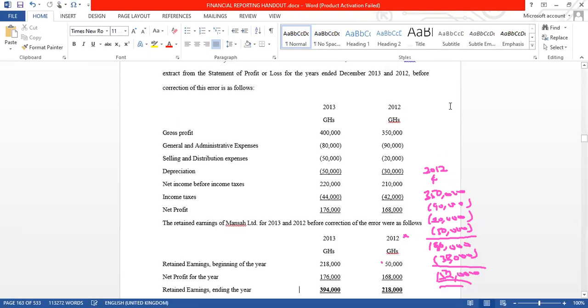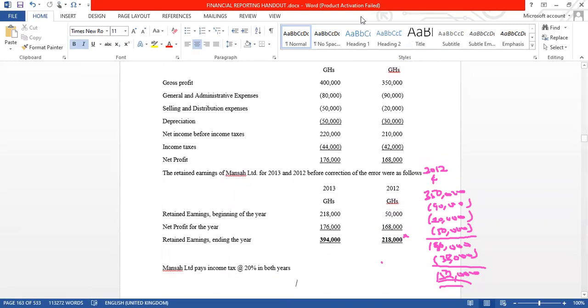Okay, so what we are going to go through and do is to actually correct the retained earnings that we have in here. So after we've done our restatement, what we're going to do is to also try and restate our opening balances of the retained earnings. So retained earnings adjustments, like we ought to do. So we have 2013 and we have 2012.